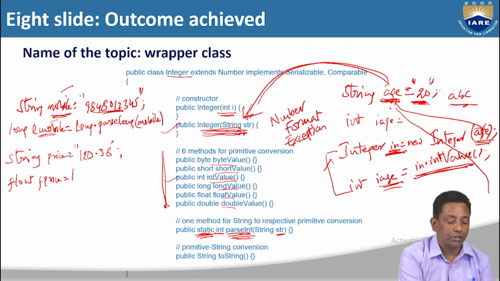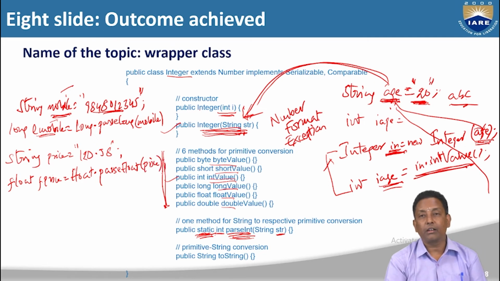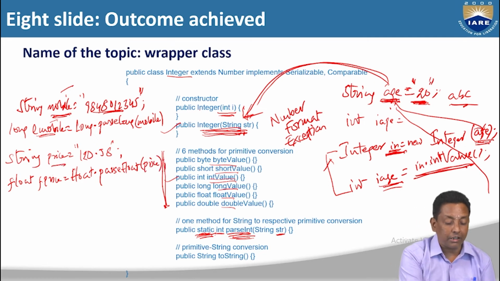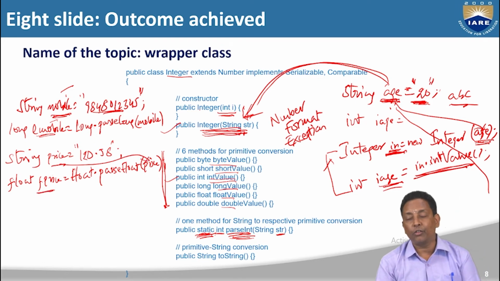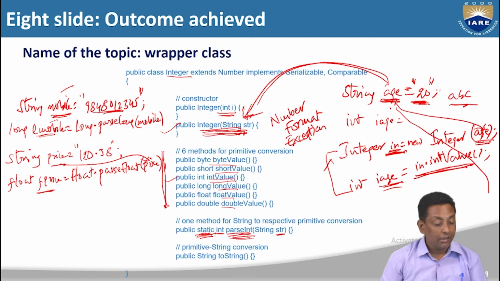How to do this conversion? Use the Float wrapper class. In the Float wrapper class, there is a static method called parseFloat. If you pass price as argument, the string price is converted into primitive float, F price.